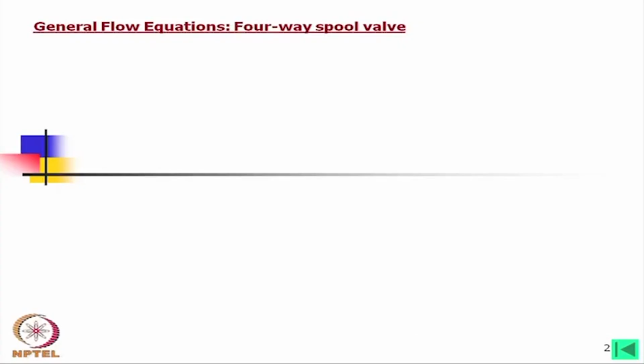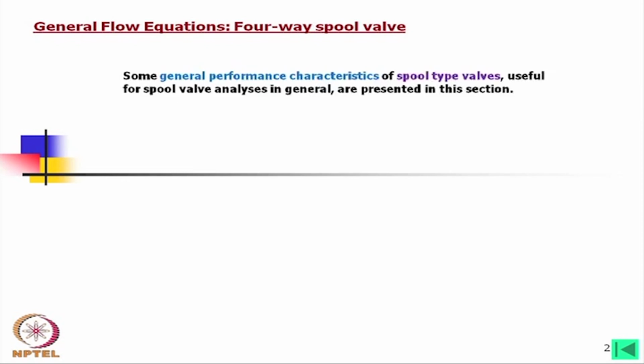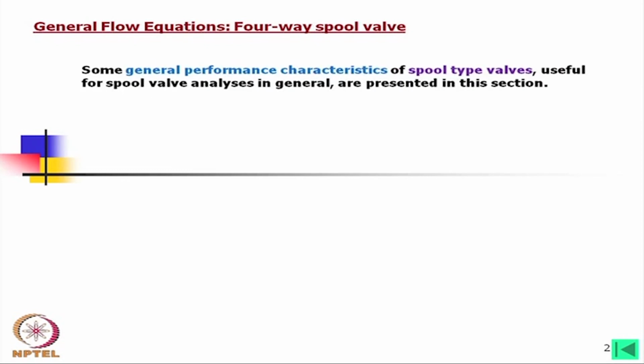Now, first of all we shall develop general flow equations. We have considered a 4-way spool valve. Some general performance characteristics of spool type valve useful for spool valve analysis in general are presented in this section.